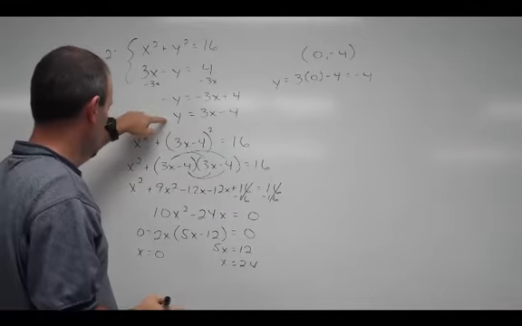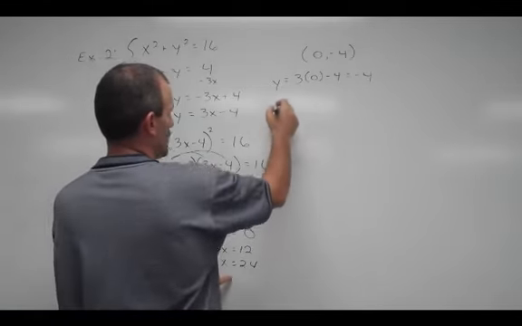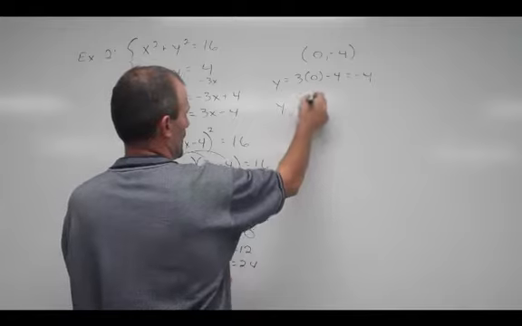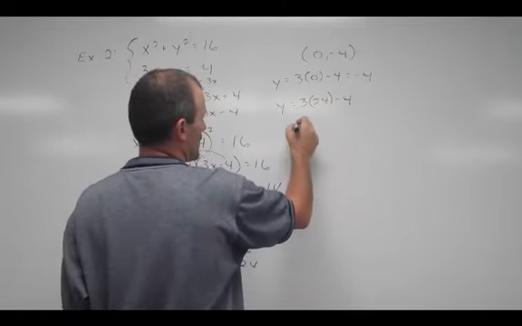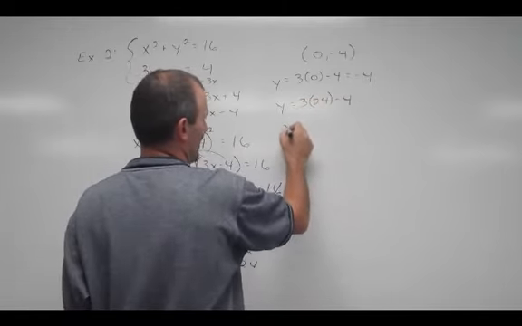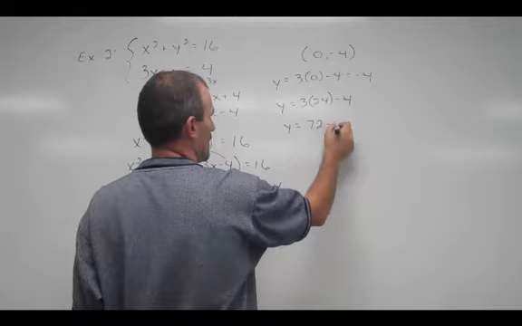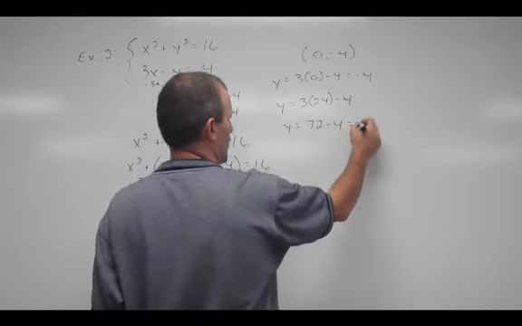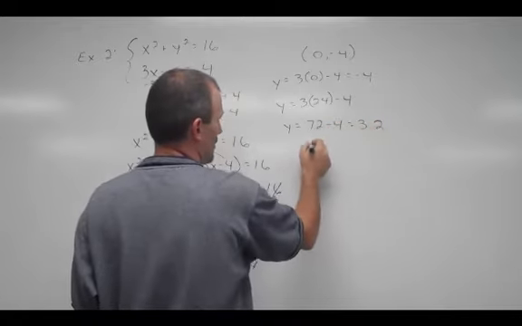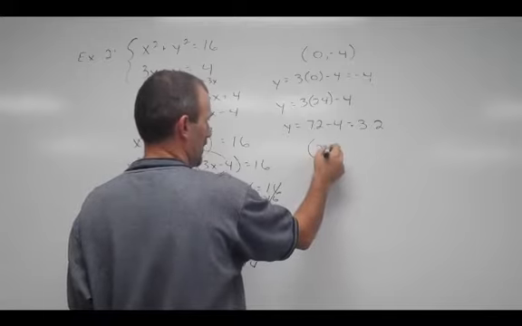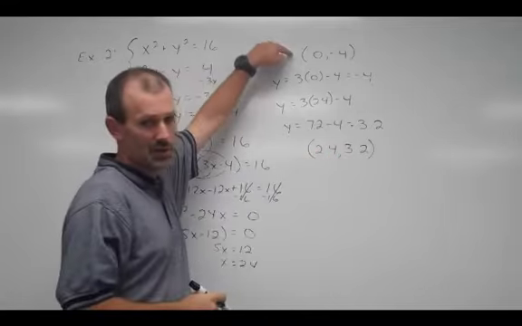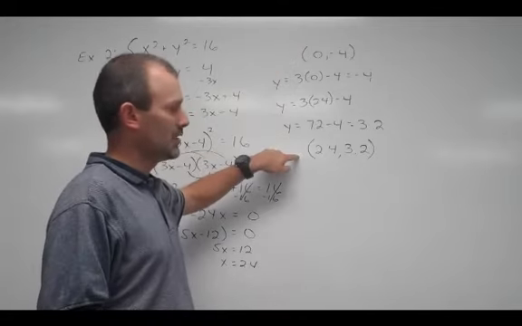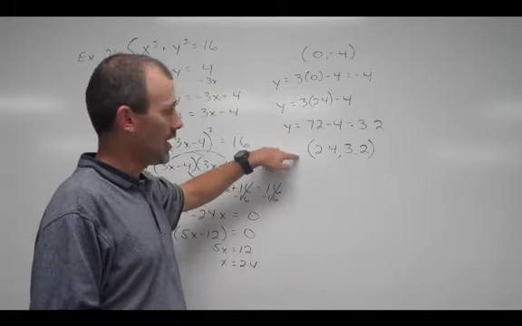And for the second one, we're going to plug in a 2.4. 3 times 2.4 minus 4. 3 times 2.4 is 7.2, I'm sorry. And then we subtract 4 and we get 3.2. So our other solution is 2.4 comma 3.2. So our two solutions: 0, negative 4, and 2.4 comma 3.2.